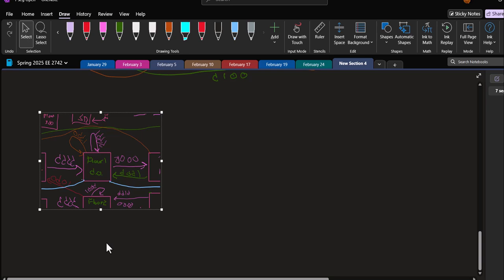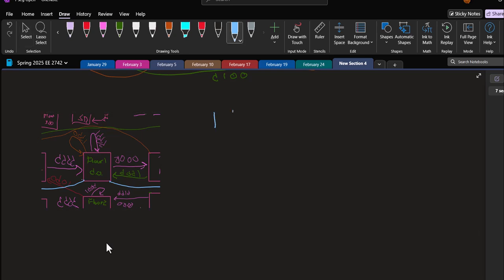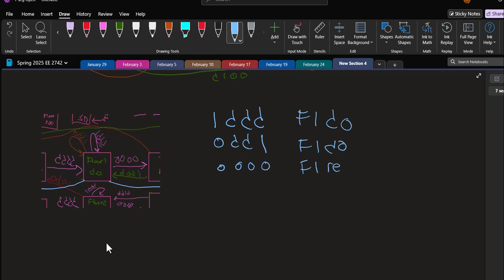Oh, wait a minute, that can't be right. Oh no, there was a 1. 0, don't care, 1 goes to floor 1 door open. We had 0, 0, 0, 0 goes to floor 1 rest. We had 0, 1, 0, 0 goes to floor 2 going up. And we had 0, don't care, 1, 0 going to floor 2 arrive.